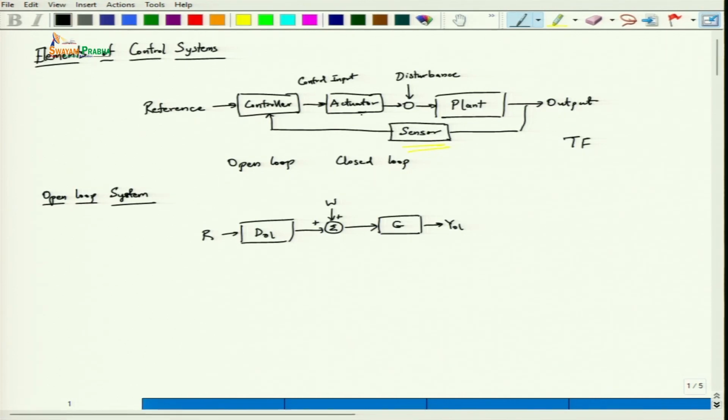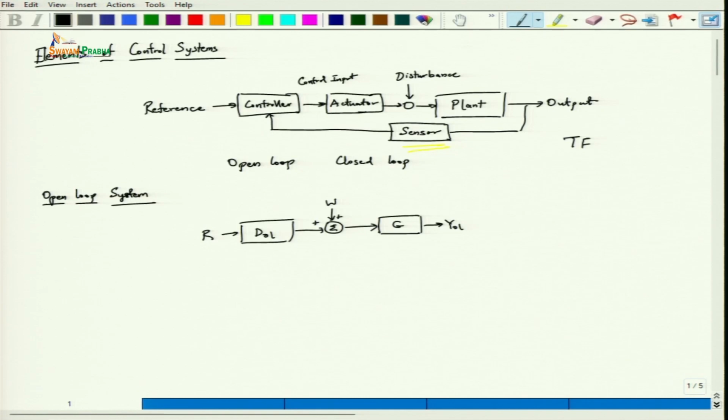What we have done here is combine the dynamics of the actuator and the plant to get G. Next is DOL, which is the open loop controller, and since this is an open loop system with no sensor, we do not have the feedback part. Now YOL represents the open loop output, W represents the disturbance which is added to the output of the controller and sent to the plant, and R is the reference.